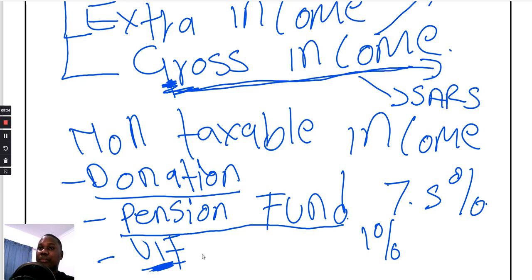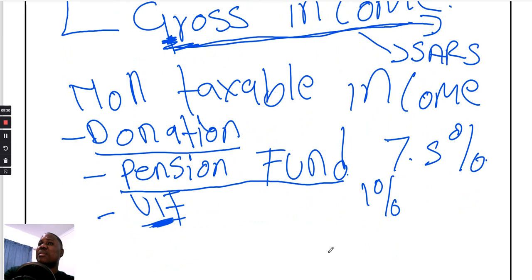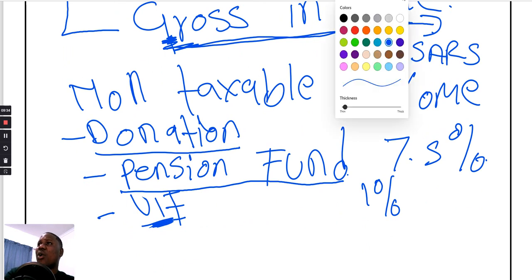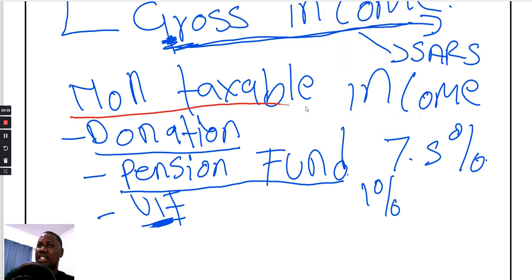Okay, right. So in my table now, I'm having these three items that we call the non-taxable income. Okay, so these are the only items that are not supposed to be taxed, meaning that we have to subtract them from the gross income.